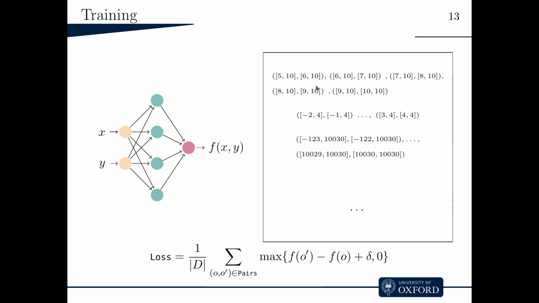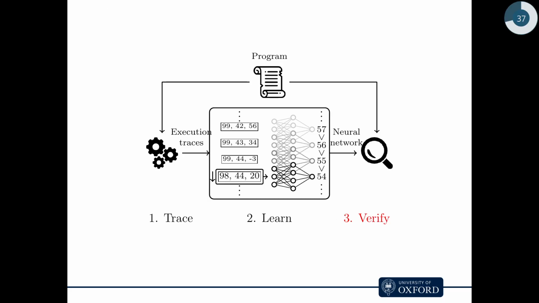Here again, we're given the training data obtained from the traces as we've shown before, and we have a model here, and we essentially use all our training pairs to train our model for 2 subsequent states. So here we have 5 and 10 and 6 and 10. These constitute f of O prime and f of O, and we impose that they have to decrease by this discrete amount delta. And we do so for all states in our training data.